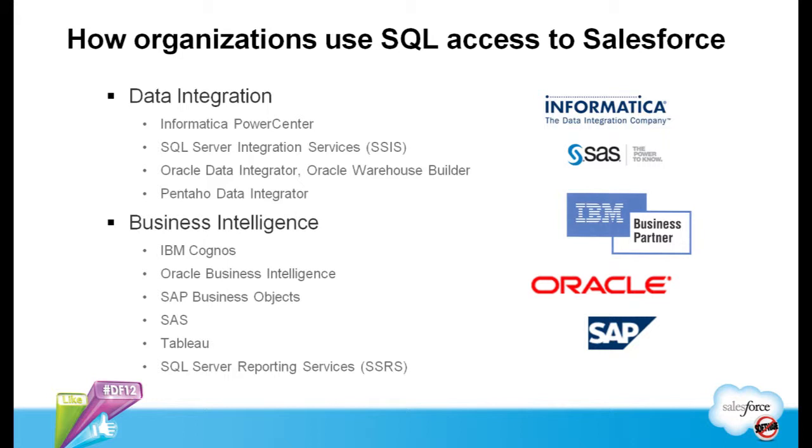And a lot of these tools have that kind of federation layer where you can create real-time reports against different systems through SQL access, ODBC and JDBC. In addition, you can also do reports with direct SQL access to Salesforce. You can have real-time reports and dashboards, and those can exist side by side with data that may be in a warehouse that you might have pulled down from a data integration tool above.